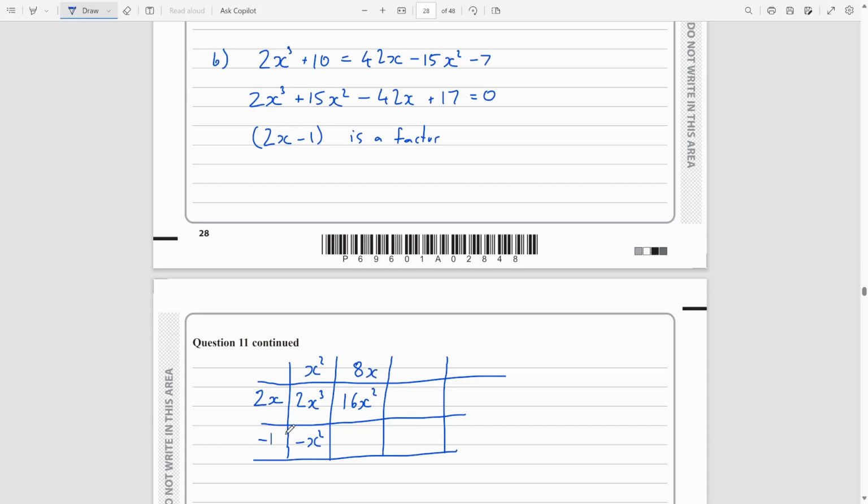It's 8x. 8x times negative 1 is minus 8x. I wanted minus 42x in total. That means I needed an extra minus 34x here, which means this had to be a negative 17. That means that this is plus 17, and the fact that plus 17 matches this is good. It had to be since 2x minus 1 is a factor.